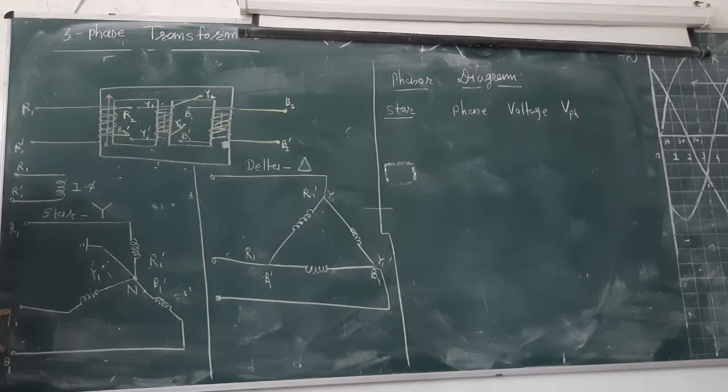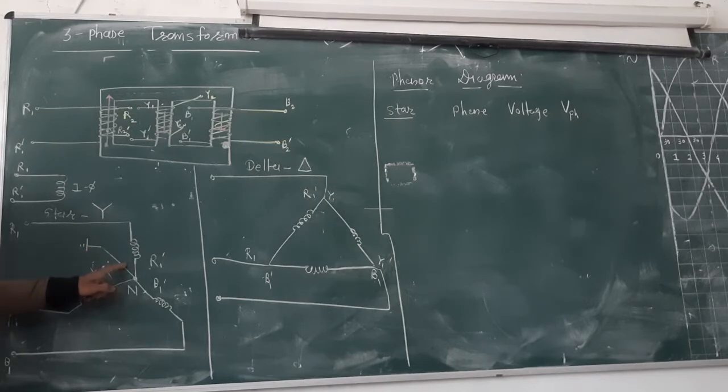Then the third condition: I apply voltage between this terminal and that terminal. At that time the voltage will cover this winding and that winding. So when I apply the voltage between phase and neutral, that voltage is completely across every phase.